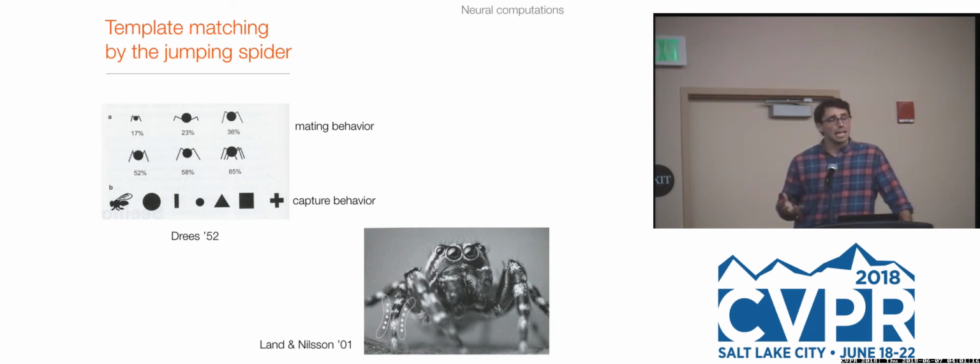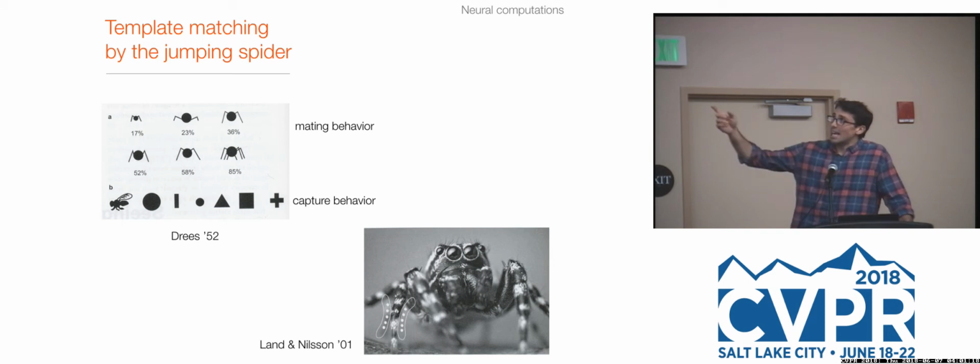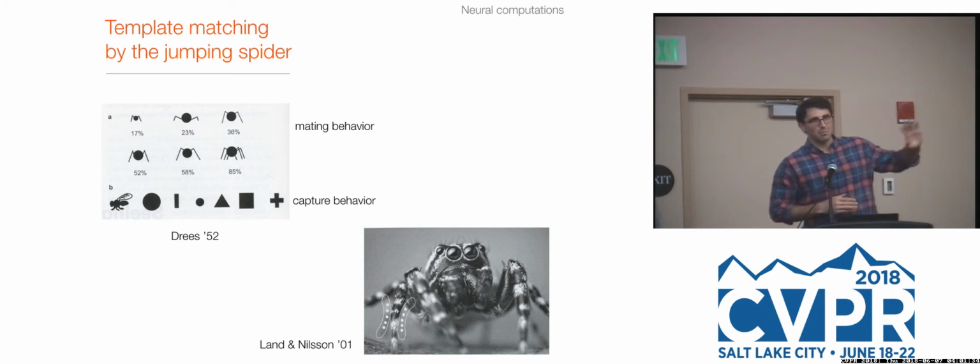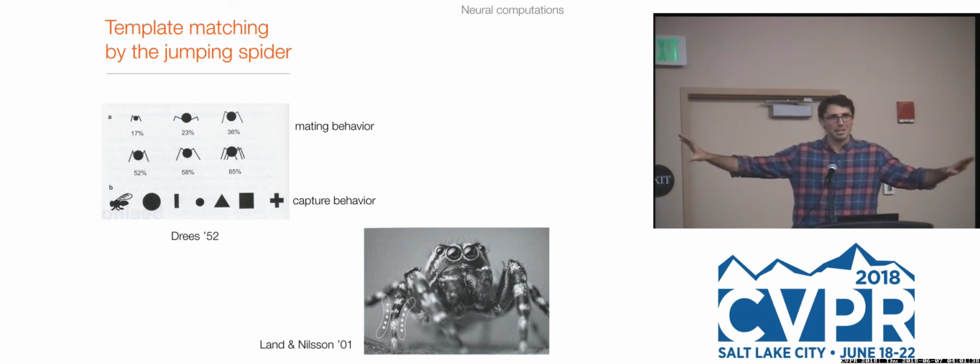And one thing we can take from the jumping spider is that when probing its rudimentary vision system, you can see very strong selectivity for relatively complex kinds of stimuli. So in the top left-hand corner, you can see different kinds of stimuli that go from not resembling a spider to more so resembling a spider.